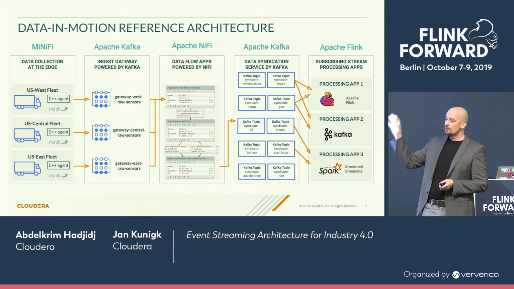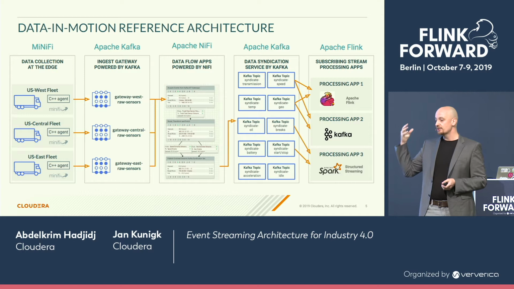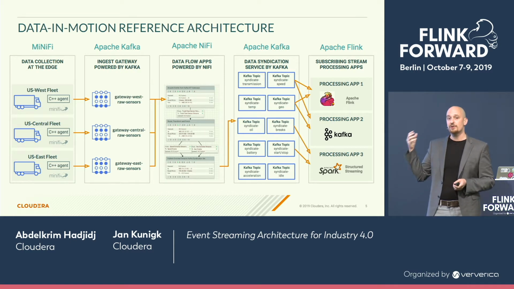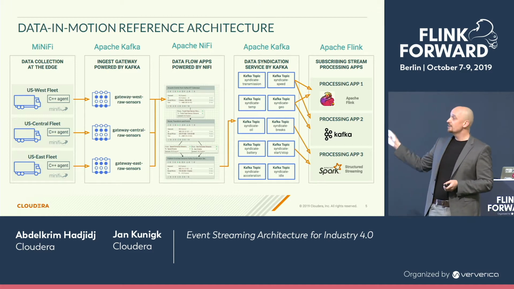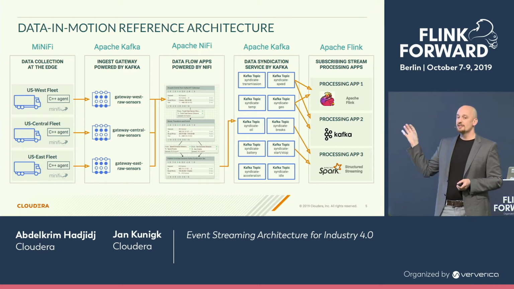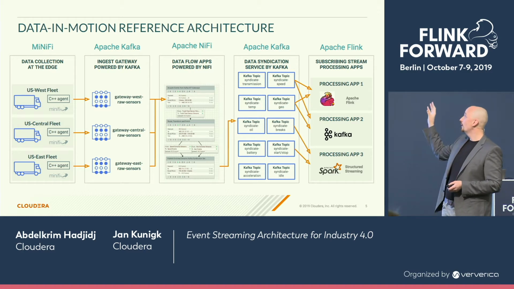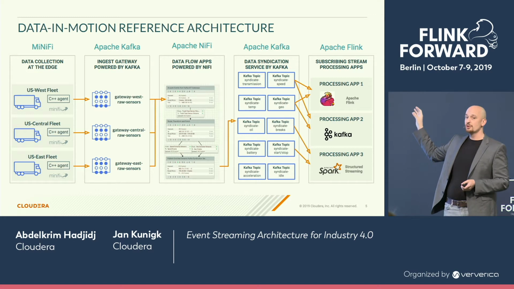What we also have as part of a distribution is a tool that allows you easy and very consumable routing and curating and cleansing of the data, which is Apache NiFi, which we will show also in our demo, before we then syndicate everything into a central Kafka instance. That is really where basically all of the processing, the real-time analytics should take place.